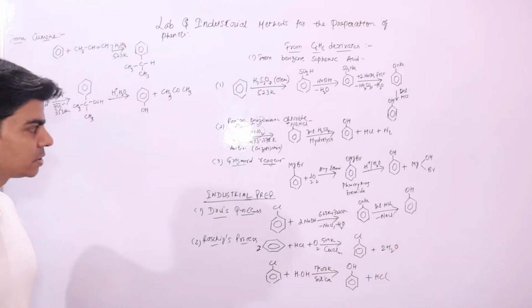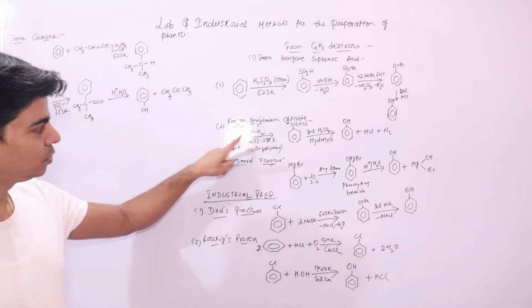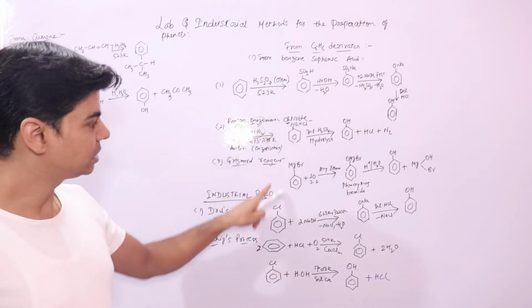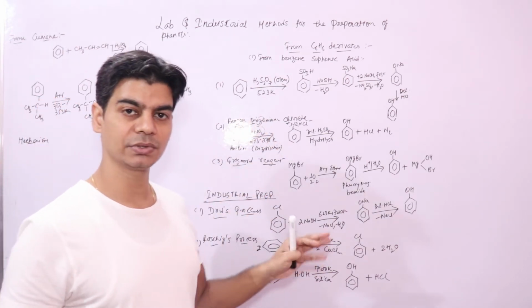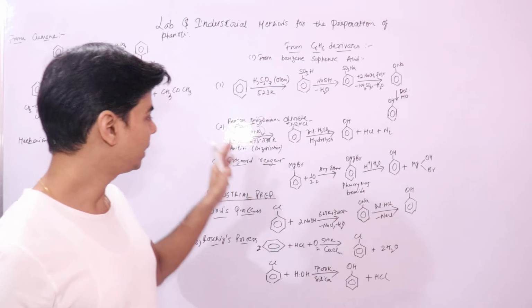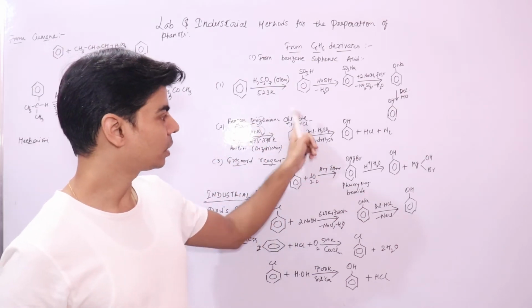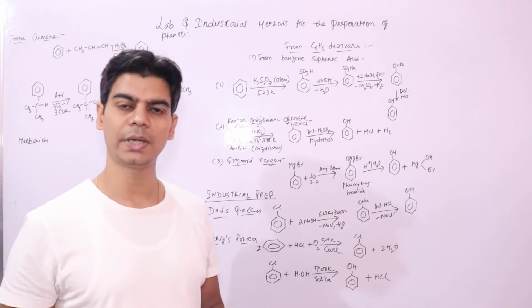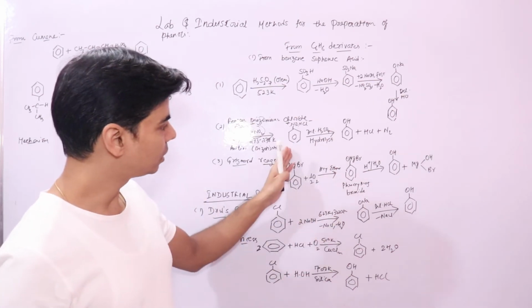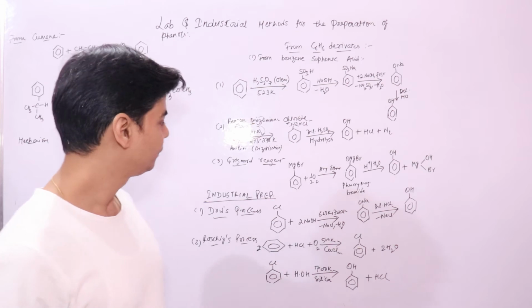Just remember two steps. First, you prepare benzene diazonium chloride by a reaction called diazotization. The preparation of benzene diazonium chloride from aromatic amine and nitrous acid is diazotization, right? The product obtained, benzene diazonium chloride, an unstable salt, will undergo hydrolysis to form phenol, right?